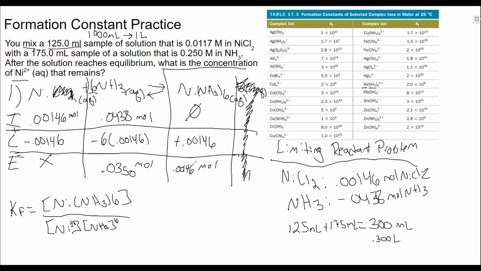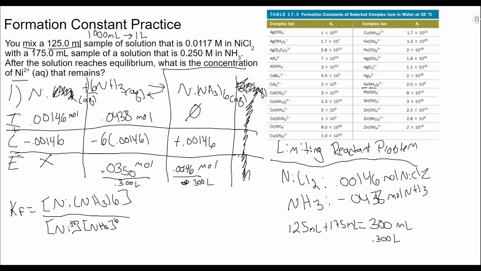So I'm going to take these mole values and convert them to molarity by dividing by 0.300 liters.